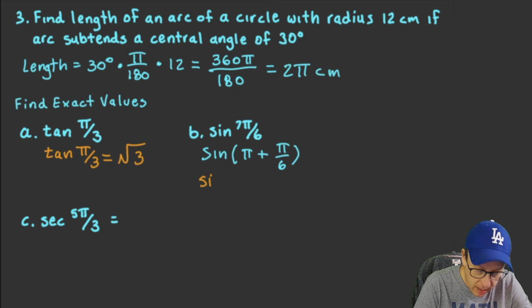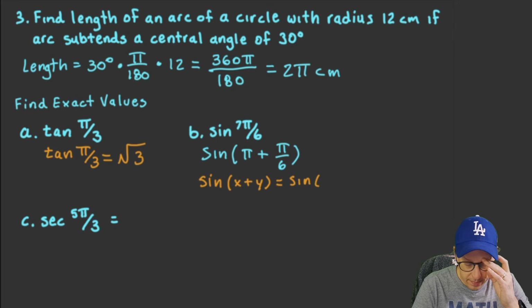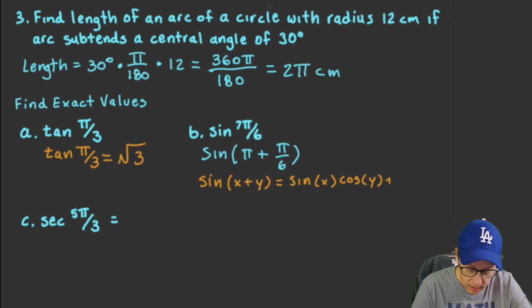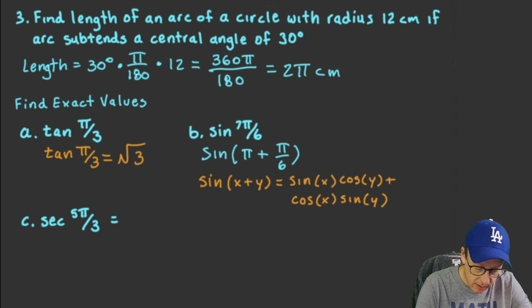If we have sine of x plus y, this is going to be equal to the sine of x times the cosine of y plus cosine of x times the sine of y. Another rule.